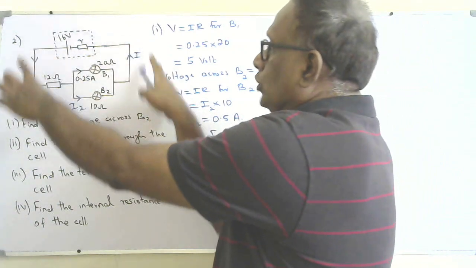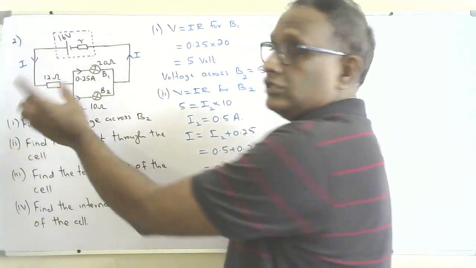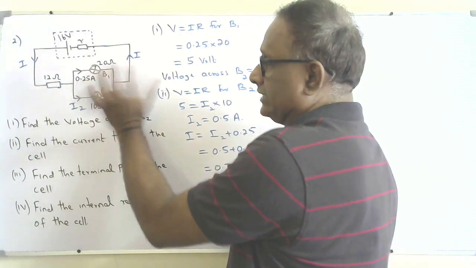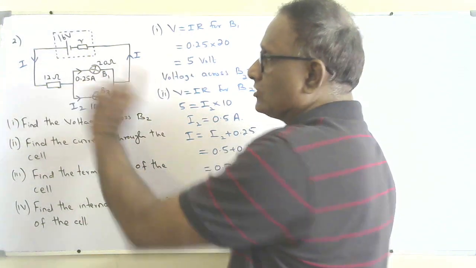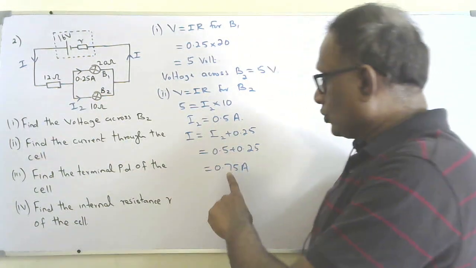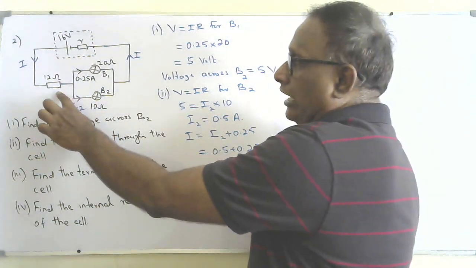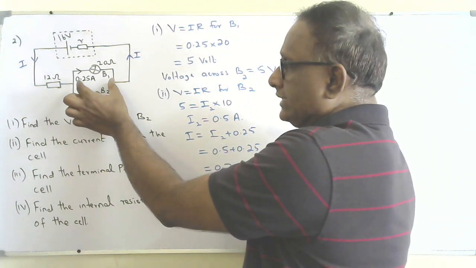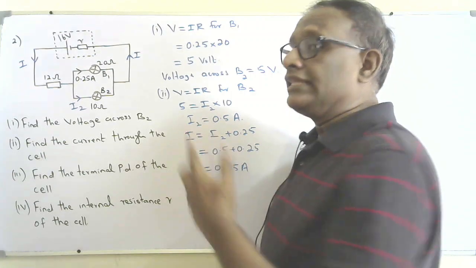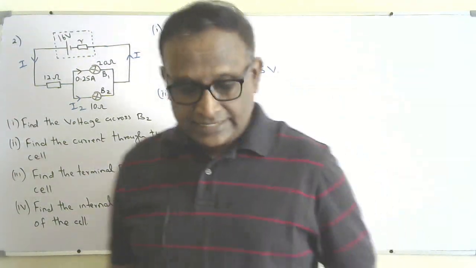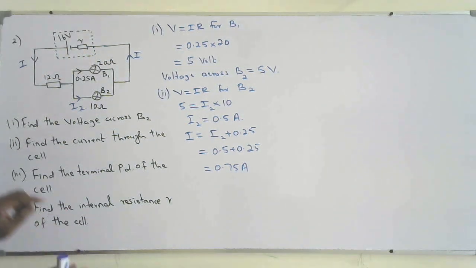That will be the sum of the voltage across the 12 ohm resistor and the junction. I can find the voltage across the 12 ohm by using V equal IR. I know the current through the 12 ohm is 0.75, so 0.75 into 12 is the voltage across the 12 ohm resistor. And the voltage across the junction is the same as the voltage across either B1 or B2, which we already know is 5 volt. So I can find the terminal potential difference. First I will find the voltage across the 12 ohms.